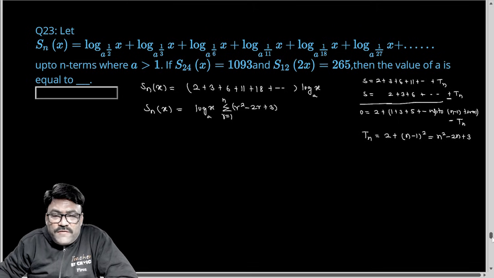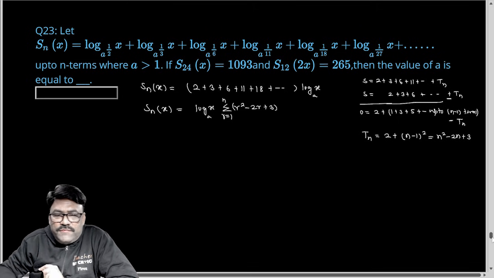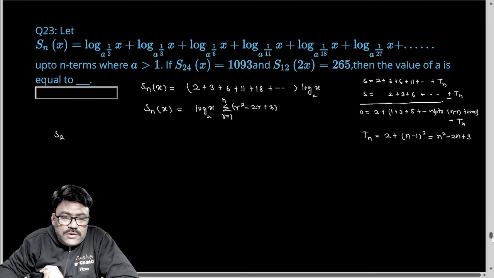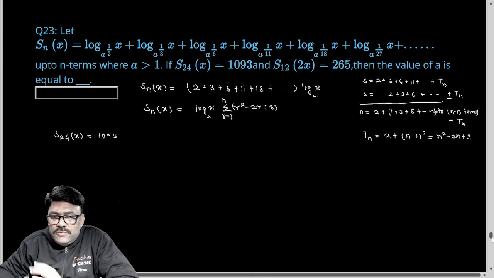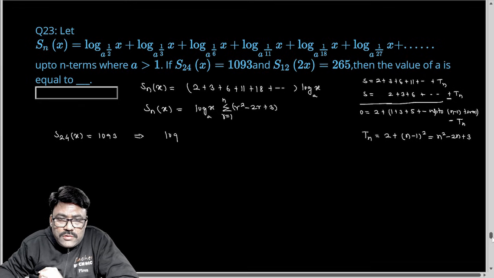Now they are saying that S24x is 1093. So S24x is log x with the base a times sigma r varying from 1 to 24 of r square minus 2r plus 3.